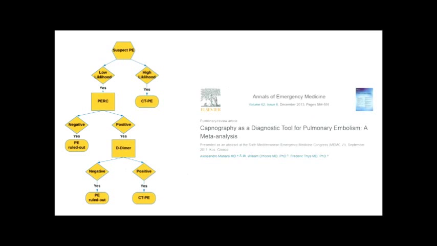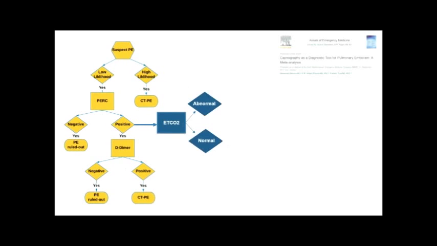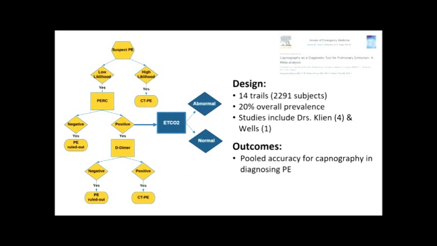So we were looking to see, is there a role of capnography in the diagnosis of a PE patient? And there was a meta-analysis that tried to address this question of whether it can be used as a diagnostic tool. And they looked at, instead of doing a D-dimer, could we be using end-tidal CO2? The review was able to find a total of 14 trials, 2,000 patients in total.